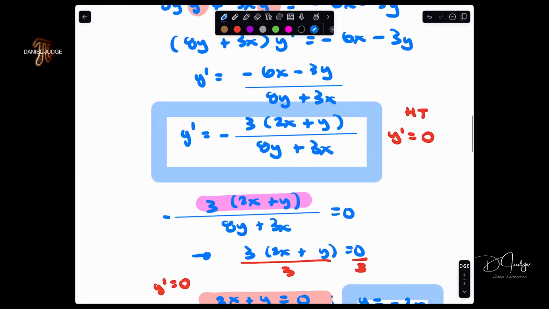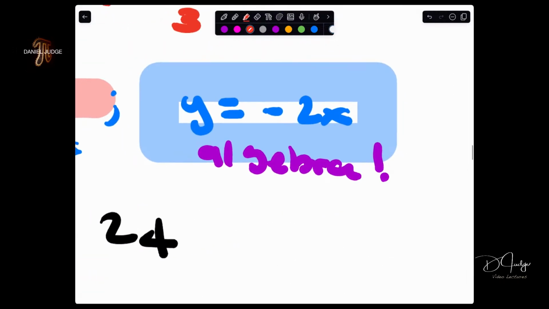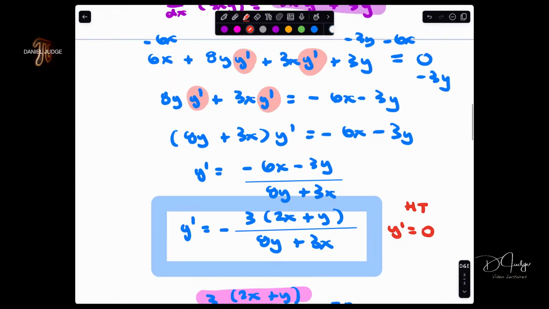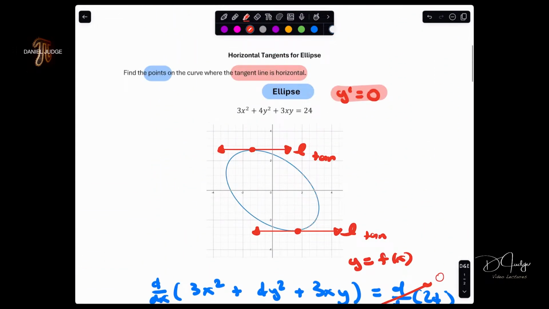How do we get the y value now? Well, remember when we went with this assumption that horizontal tangents occur when the first derivative is 0, which means y is negative 2x. In theory, you'd have to go back and plug in these x values into the relation and get your y values.